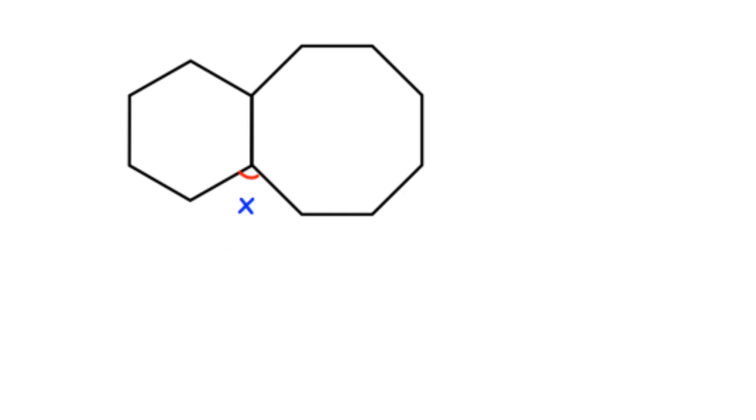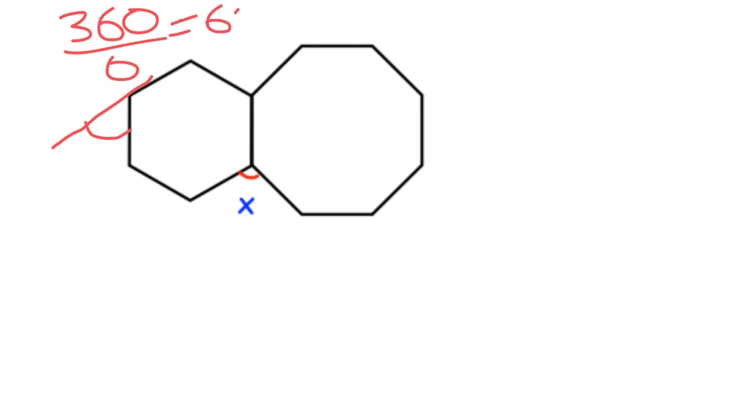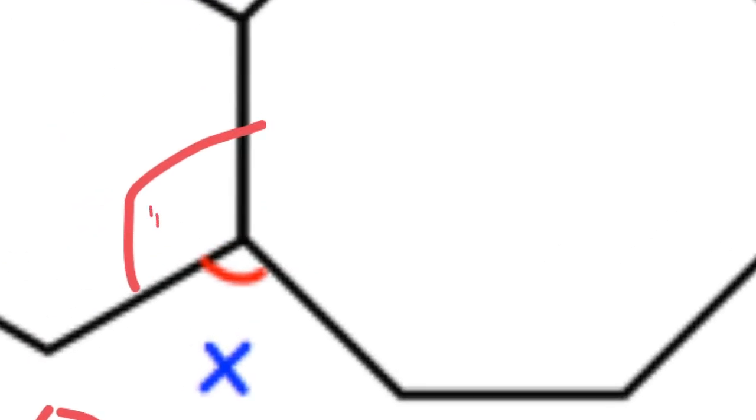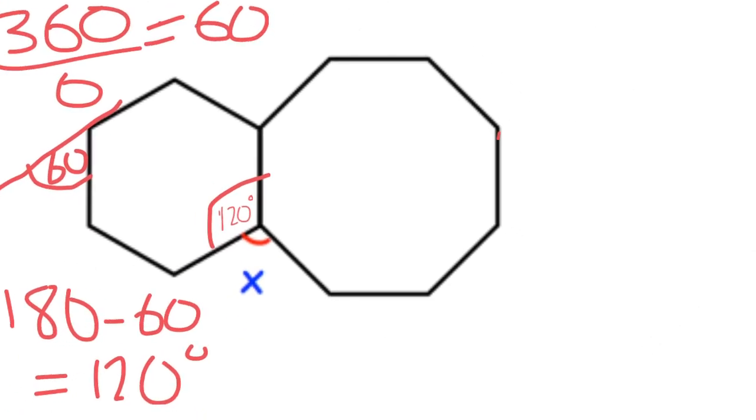So here I've got a regular hexagon and a regular octagon. So I'm going to work out this angle first, which is the exterior of the hexagon. So it's 360 divided by 6, which is 60 degrees. So then the interior angle would be 180, take away the 60, giving me 120 degrees. Now I'll work out the exterior angle of the octagon.